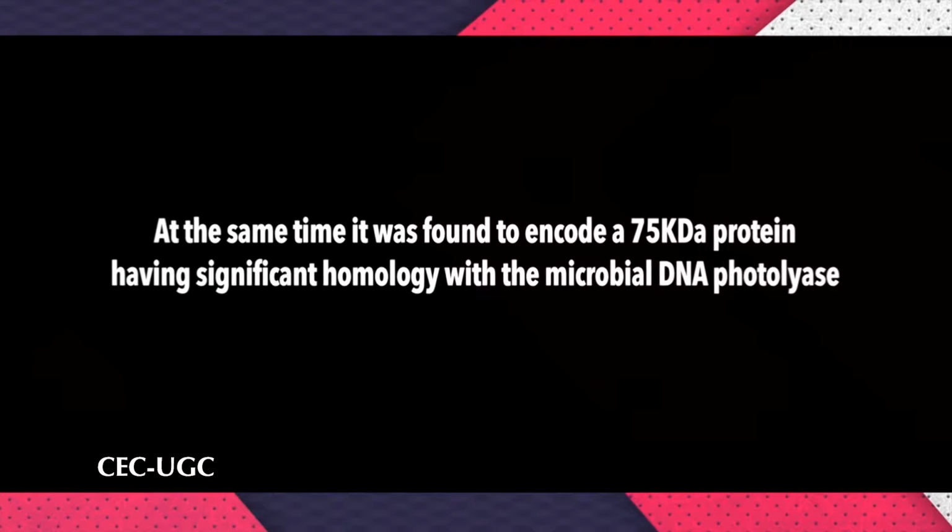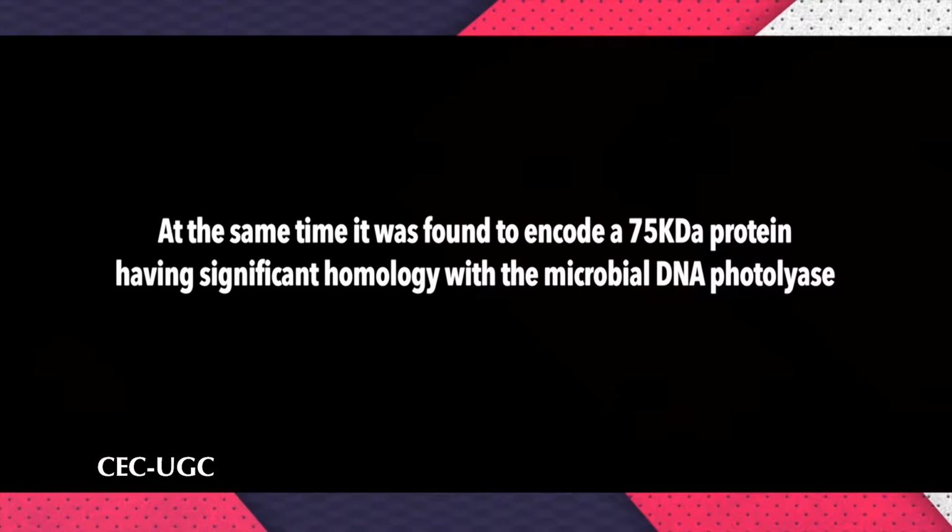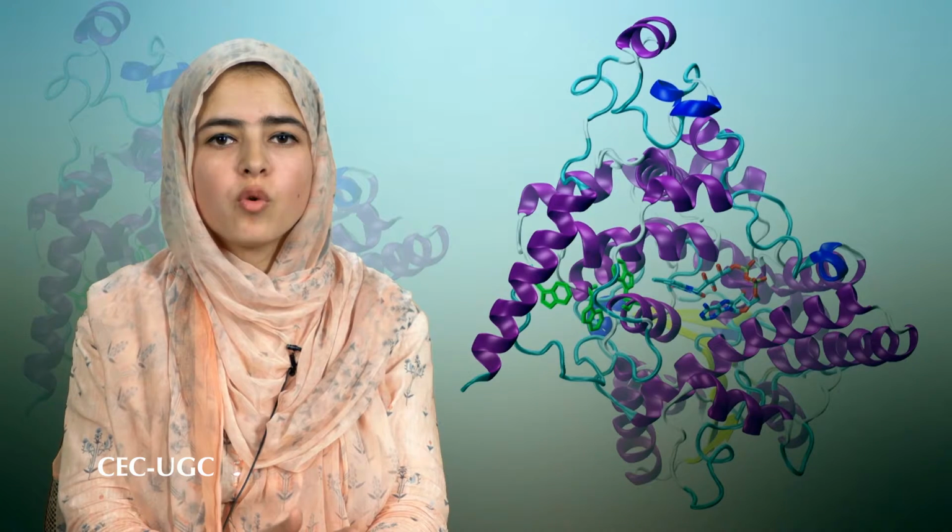At the same time, it was found to encode a 75 kDa protein having significant homology with the microbial DNA photolyase. In view of its similarity to the microbial DNA photolyase, the HY4 protein was considered to be the blue light receptor inhibiting stem elongation.